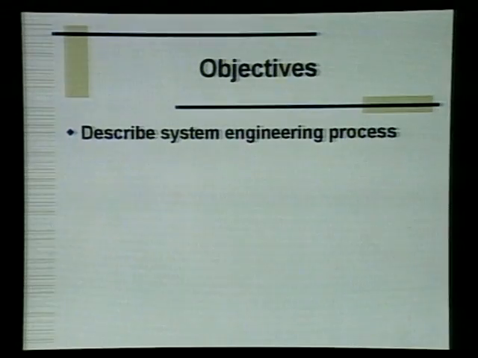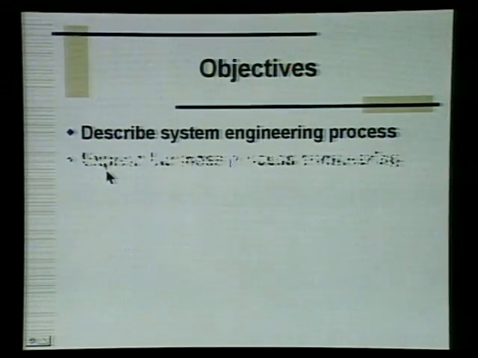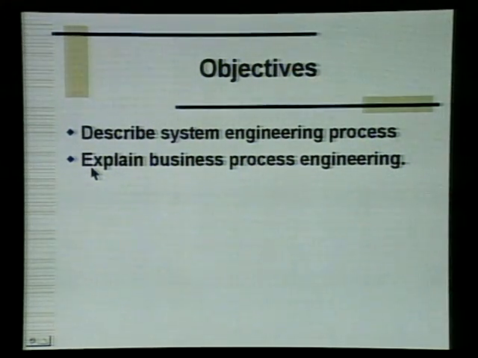In today's program, we will describe the remaining phases of the system engineering process. We'll also explain business process engineering. But before we start with our second phase, let's recap quickly all the phases of the system engineering process. These are shown in this diagram.